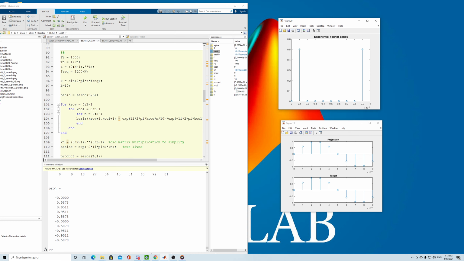So if I wanted to change the frequency by doubling it, double the frequency. Look at that. See how this right here is supposed to be the DC term. This is the slowest signal. Faster, faster, faster.